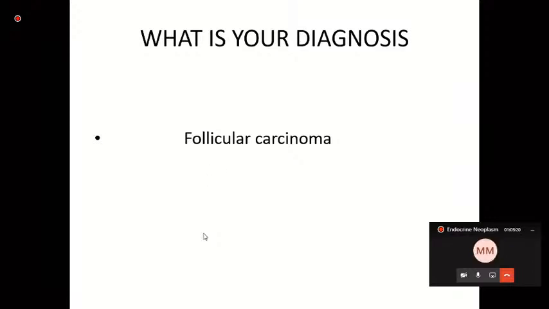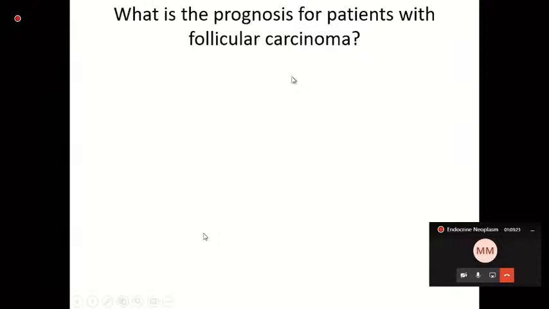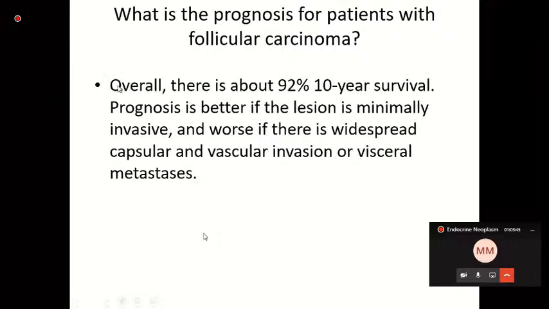So what is the prognosis of a patient with follicular carcinoma? What do you think? If we said minimally invasive, the prognosis is good or bad? Good. Yeah, the overall is about 92% ten-year survival.